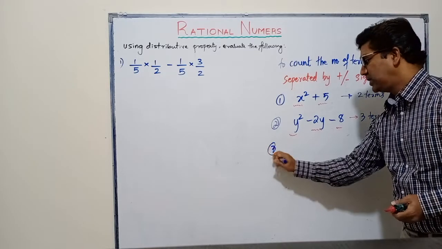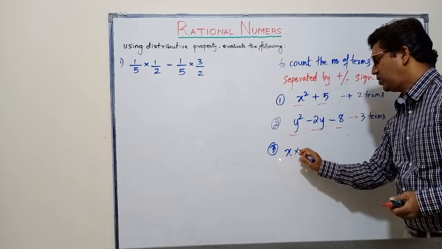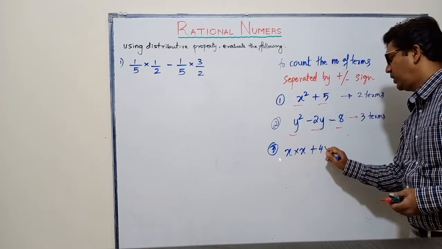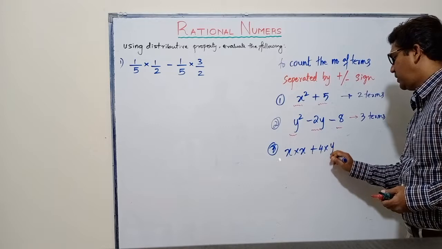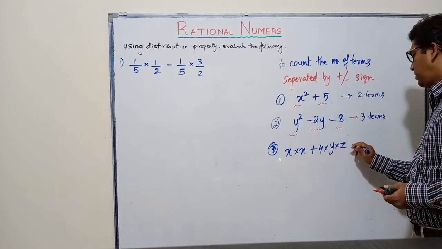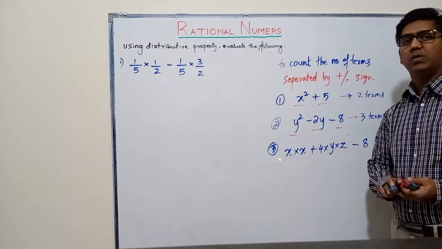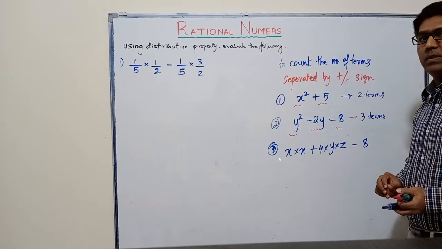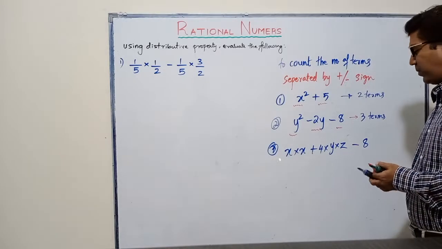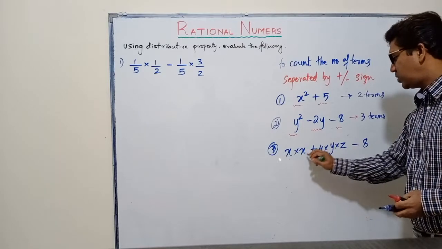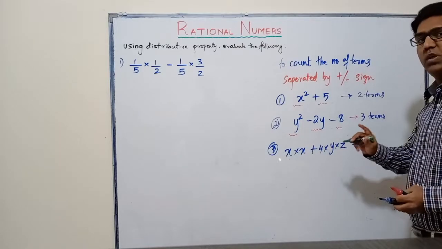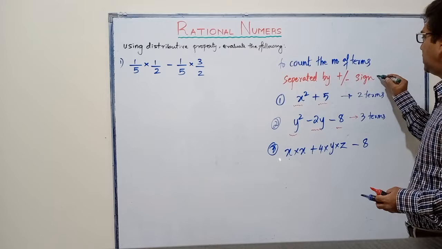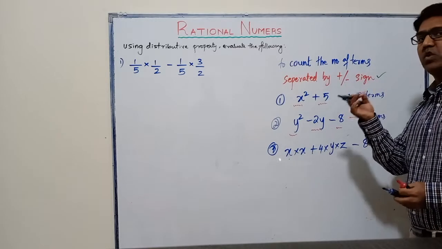Let's look at one more example. x into x plus 4 into y into z minus 8. Now let's count the number of terms. Try to find out how many terms there are here. Some students will count 1, 2, 3, 4, 5, 6. No, it is wrong. The terms are separated by plus or minus sign.